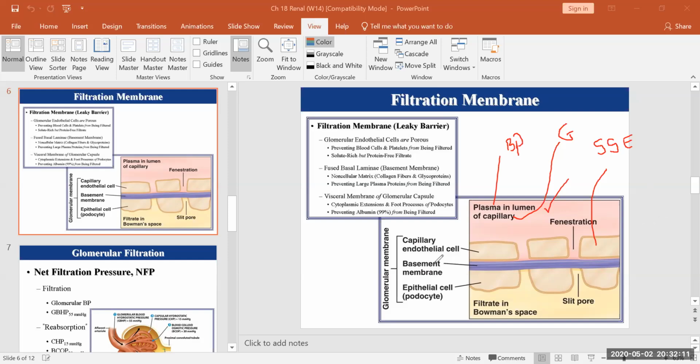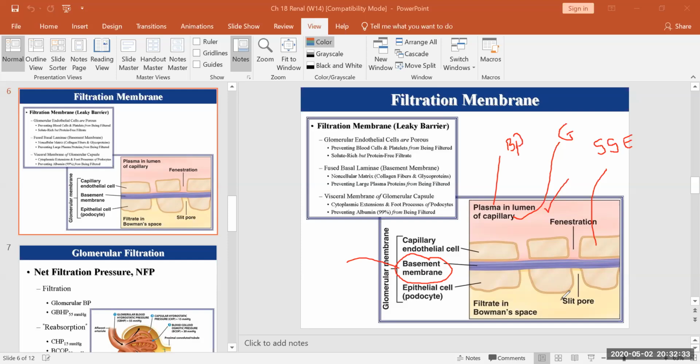The basement membrane is basically produced by the connective tissue. And this basement membrane is a non-cellular component. So it has, for example, extracellular proteins that are anchoring the cells on both sides of the membrane.